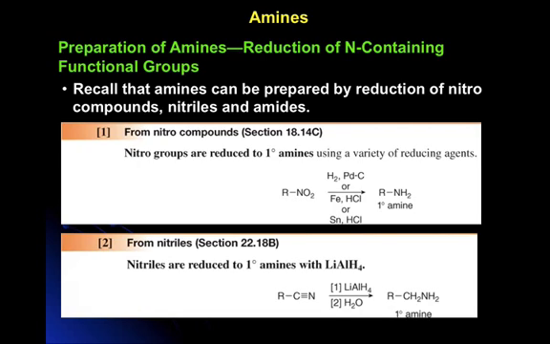So let's say we have iodomethane and we want to get ethylamine. How can I do that?